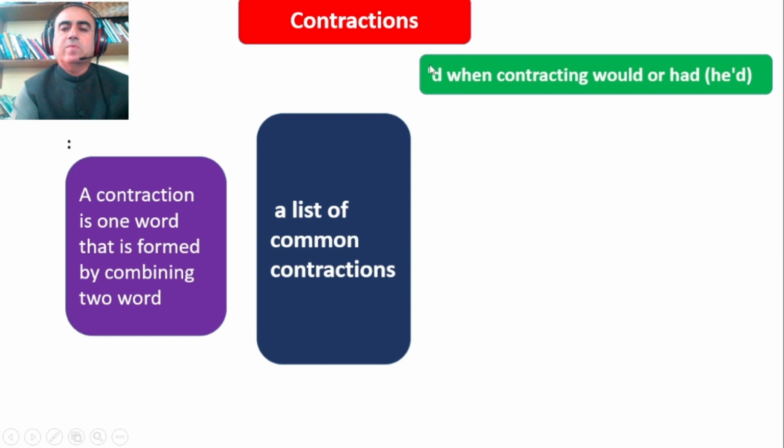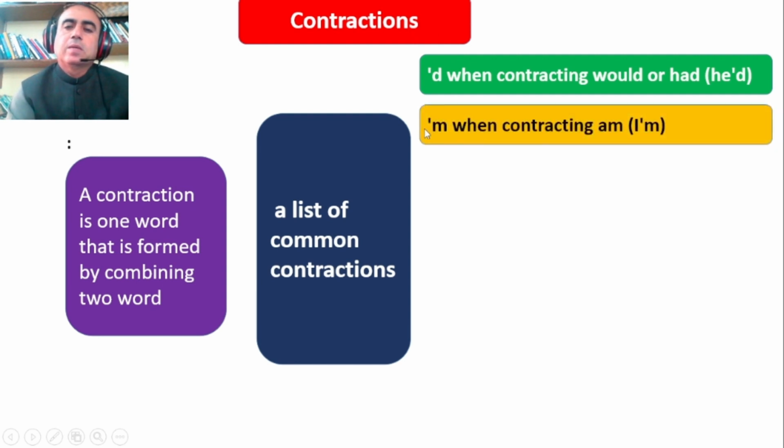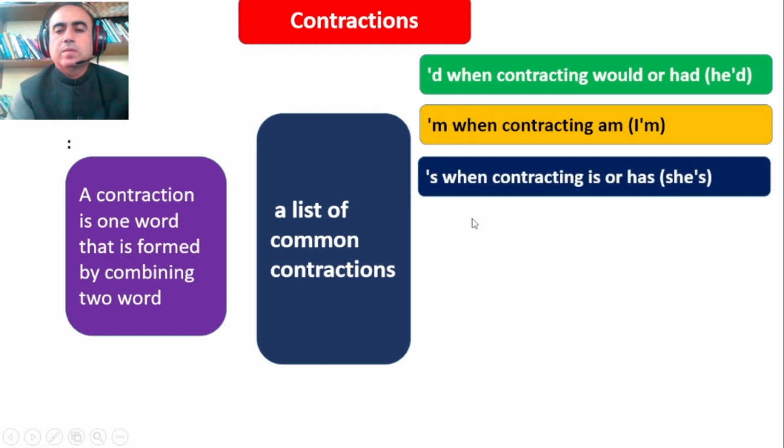It can be would, it can be had, with an apostrophe. This is the contraction, the short form. Apostrophe m is the contraction of am, I'm. Apostrophe s when we contract it means is or has: she is or she has, he is or he has.